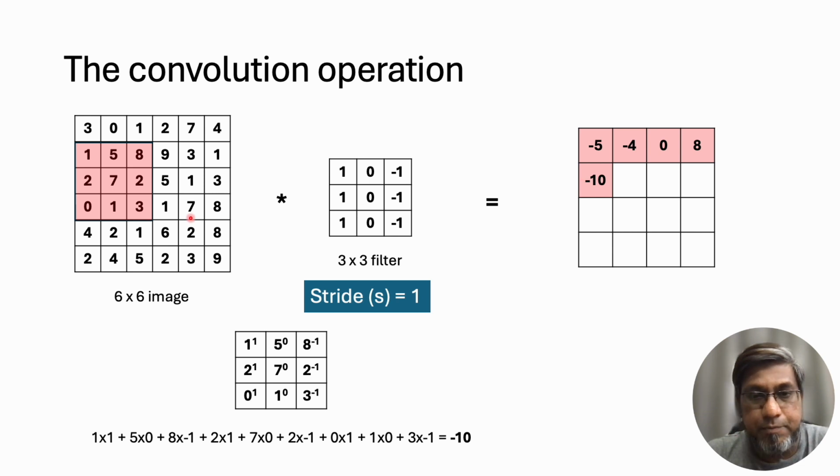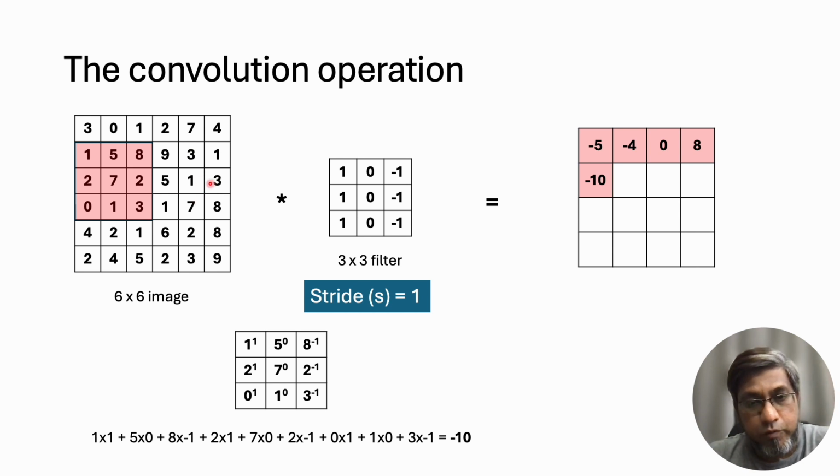Again, the process is the same, where we multiply the elements of the window with the elements of the filter element by element, and then add up those products, and whatever is the result of that becomes the output pixel value, which in this case is -10.